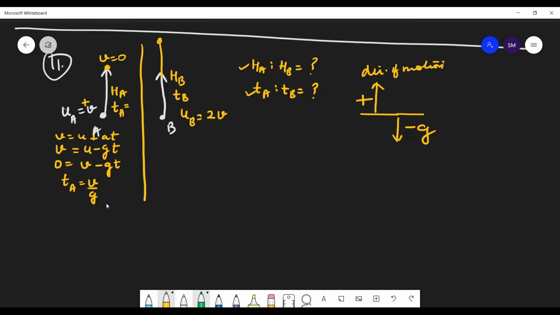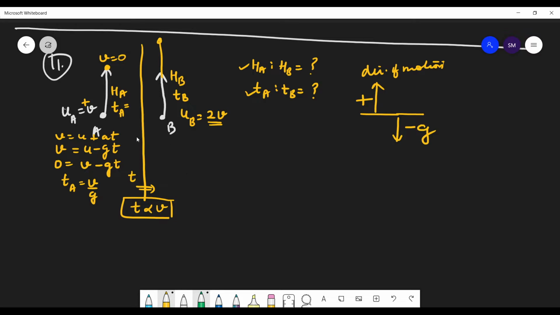Now tell me, so here it is clearly shown that the time taken to reach maximum height, this T, is directly proportional to V, isn't it? So if you double the initial velocity, this time will also be doubled, isn't it? Yes, sir.